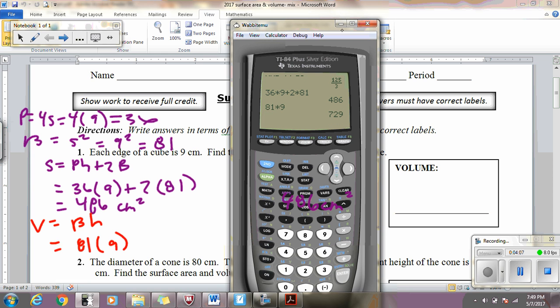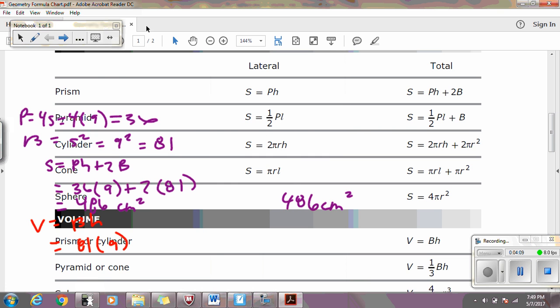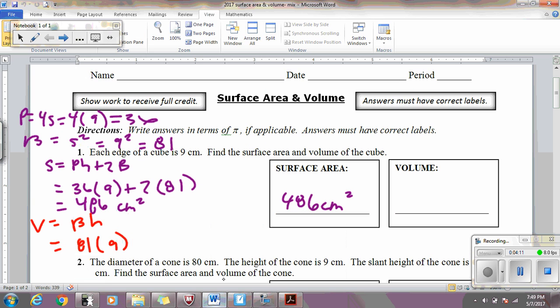And we get 729. So our volume is 729 centimeters cubed. Make sure when you're dealing with volume, you cube your units. These are very important tools because you will be docked on test day.